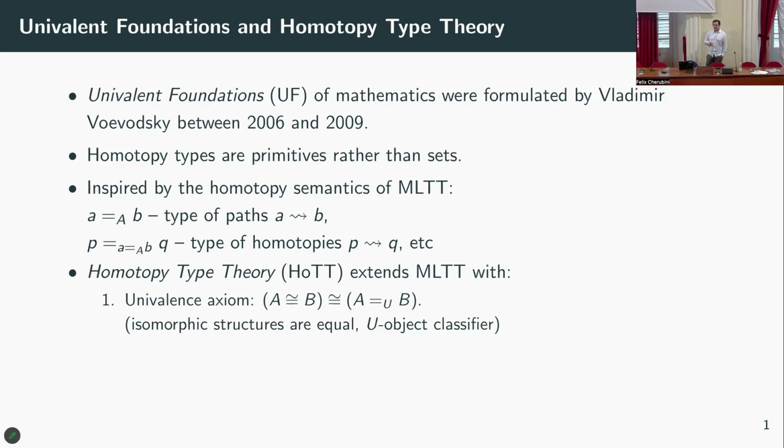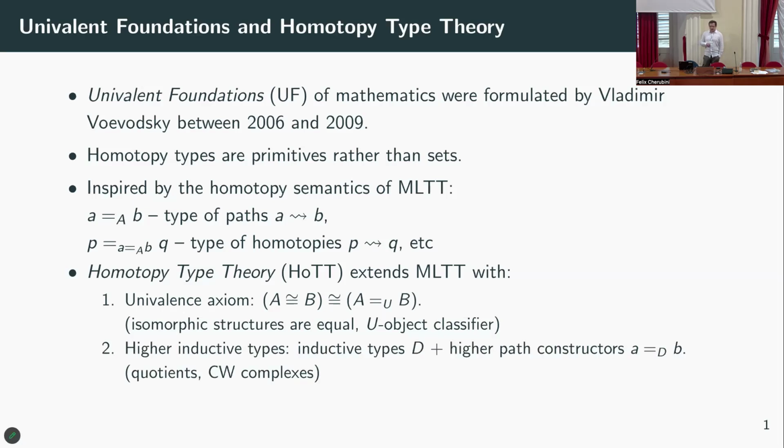This interpretation suggests certain axioms. One of the central axioms is the univalence axiom, which you can interpret, if you think more set-theoretically, as the principle that isomorphic structures are equal, or, if you rather think in terms of infinity topoi, then it's something like an object classifier.